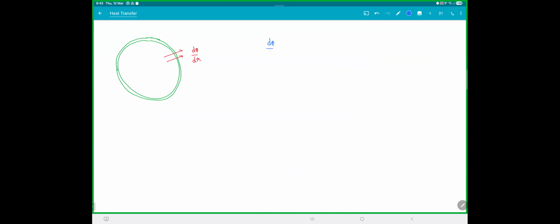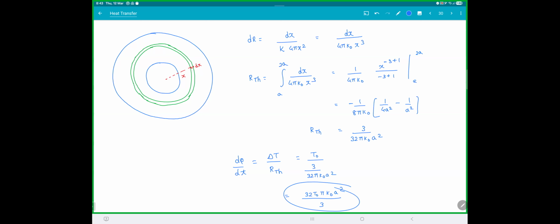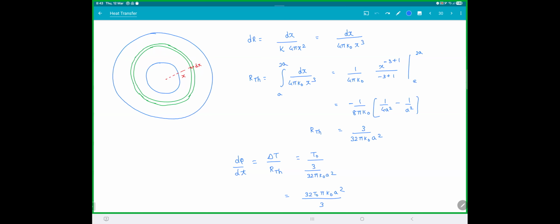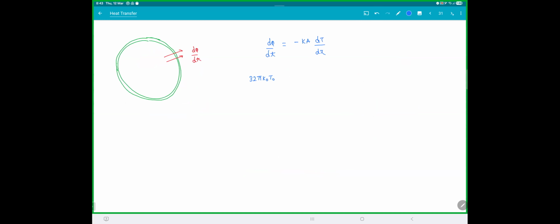So dQ by dt is equal to minus K A dT by dx. Now dQ by dt we already calculated. We know the value, which is 32 pi K naught T naught a square by 3. And what is K? K is nothing but K naught x. What is area? 4 pi x square. And this is dT by dx. So K naught will cancel. 4 pi will cancel.